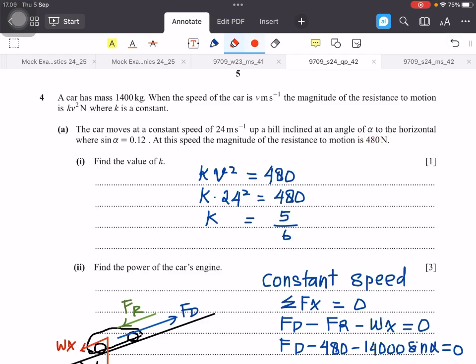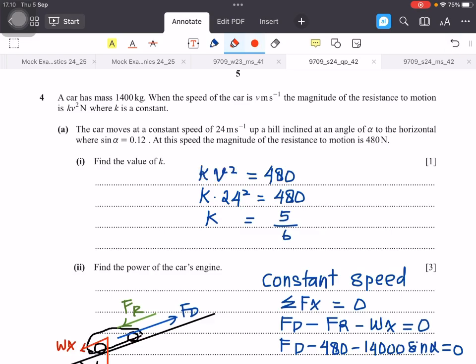A. Find the value of k. Now, since the resistance is a function of velocity or speed, in which the resistance to the motion has formula kv squared, to find the value of k, we can equate kv squared to 480 Newton.